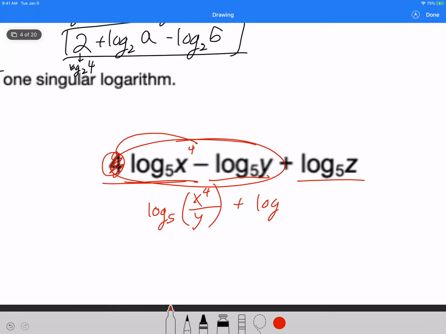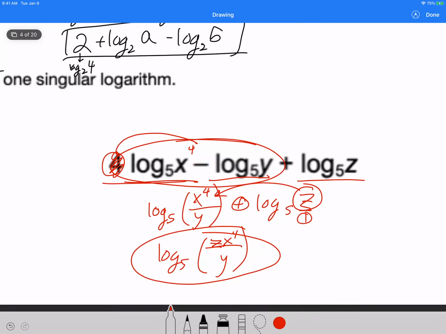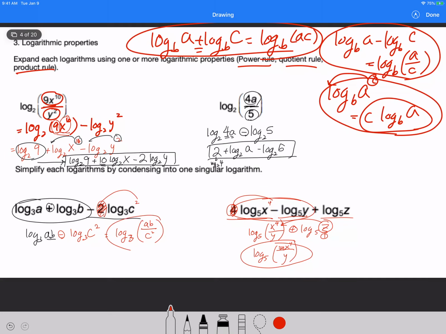Then plus log base 5 of z. Plus sign means product rule, so just have to multiply them. Multiply means, guys, it's z multiplied to the x to the 4th power. But this is z over 1, so 1 times y is just y, so just leave the denominator alone, please. That should be my final answer for the second question.